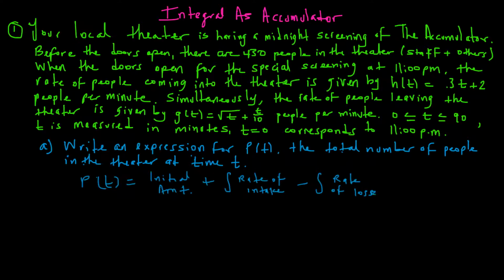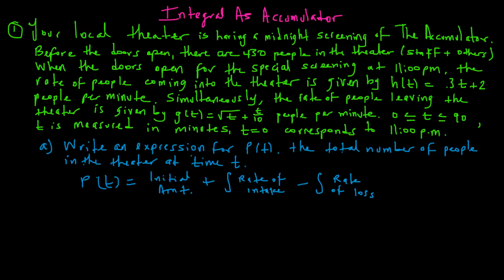Loss, that's how you spell loss. How many people are exiting the theater. But it's always those three components. What do you have initially? How much are you adding to it? And how much are you losing?